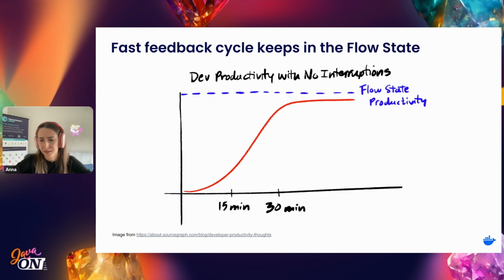Also, based on this article, the author says that after approximately 15 to 30 minutes, you get into the flow state, and this is the state where you really enjoy what you are doing, where you can feel your productivity, you are focused, nothing distracts your attention, you can accomplish the tasks, and after the day of this productive work, you can say, okay, I'm happy with what I'm doing, I was very productive, I implemented great features, everything is fine.